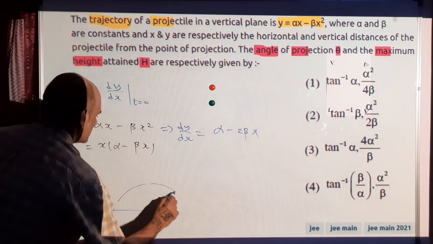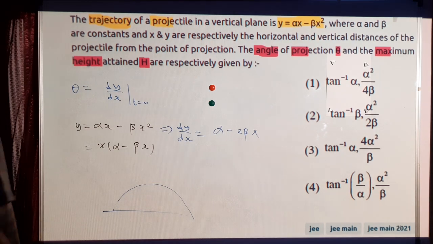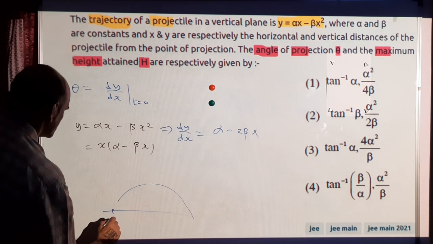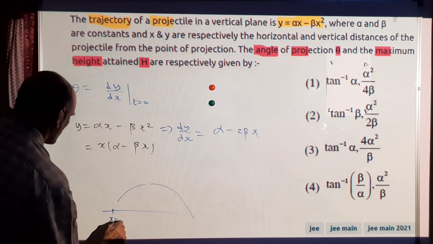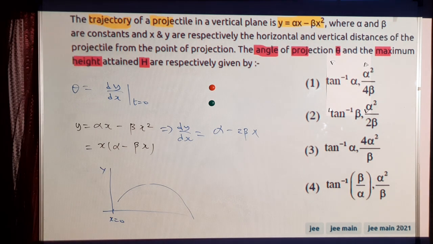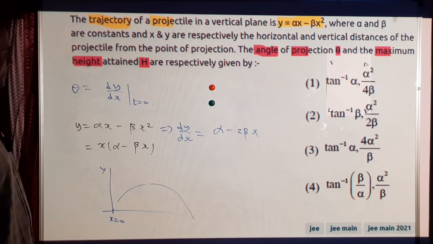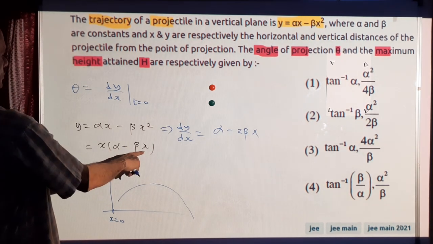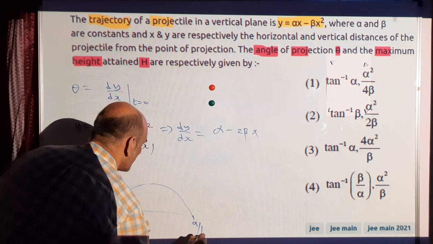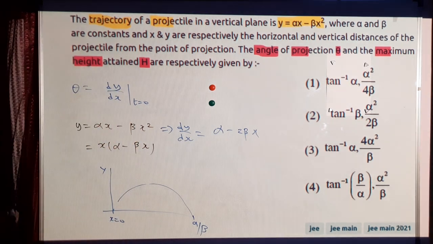At t equal to 0, x is 0, because for this one, y versus x, the trajectory will look like this. So y is 0 at x equal to 0. This is x equal to 0 and this is the y axis. So x equal to 0, y equal to 0, and at x equal to alpha by beta, then also y is 0.